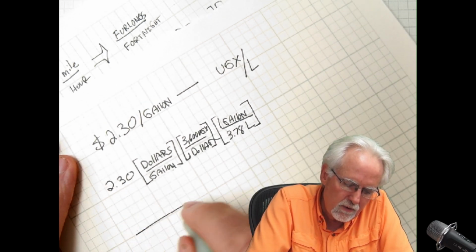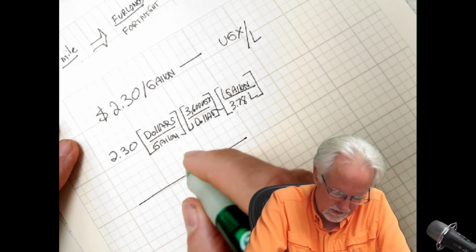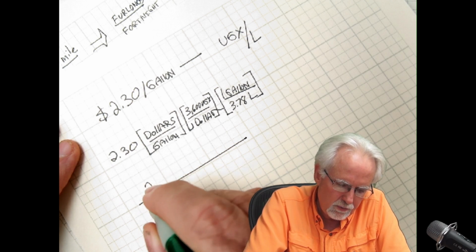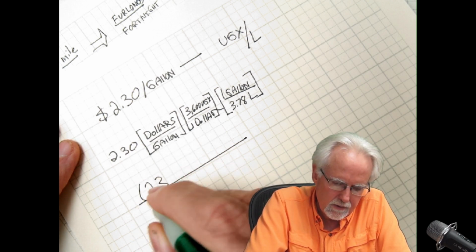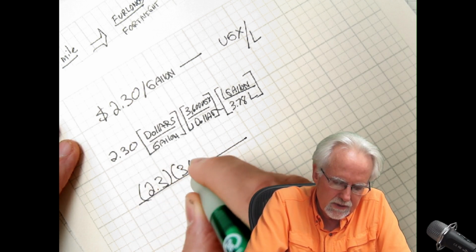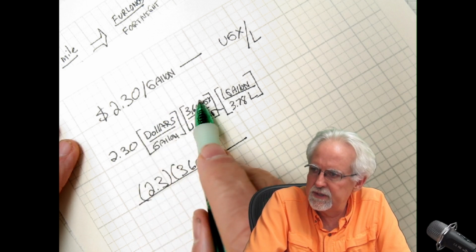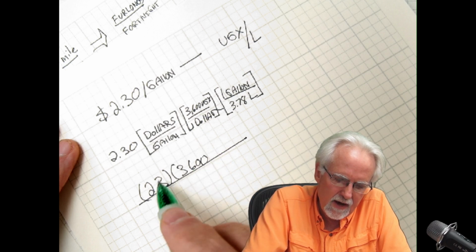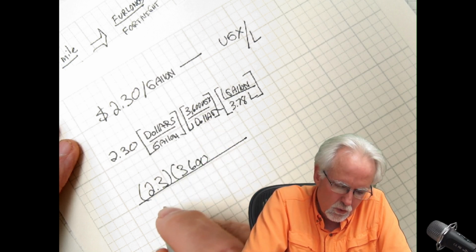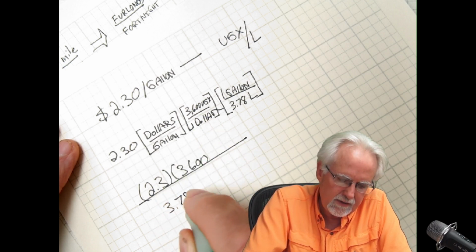So now what do I do? I multiply my numerators together. So I have 2.3 times 3,600, right? 2.3 times 3,600, and then I divide by 3.78.